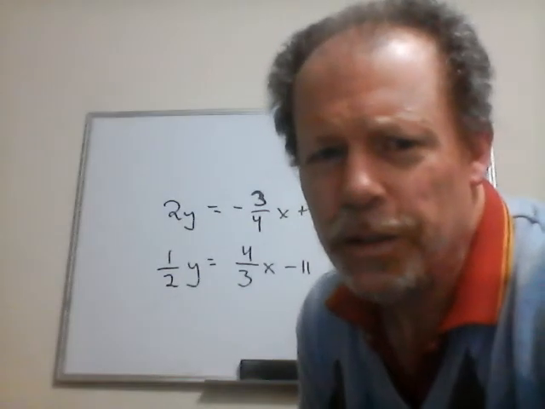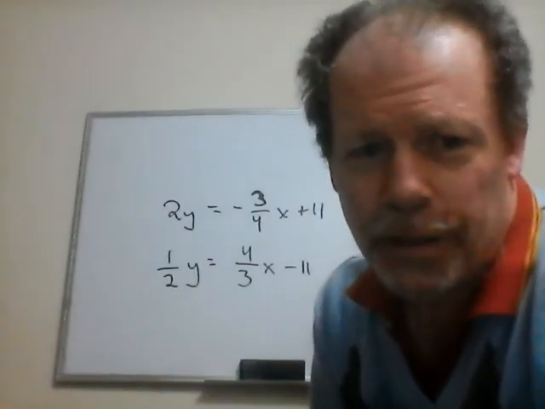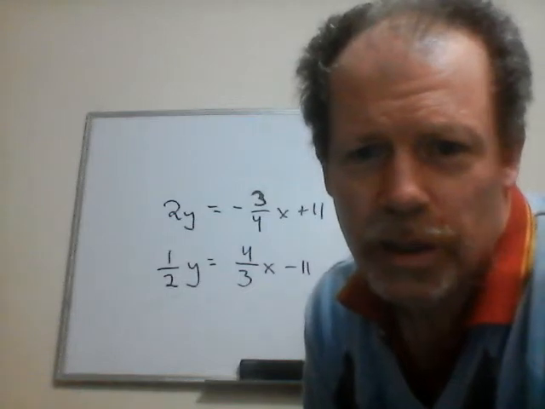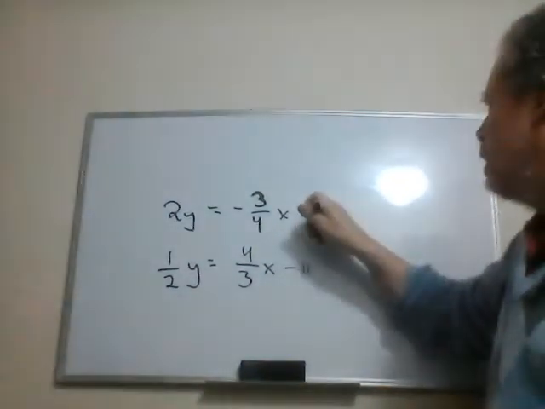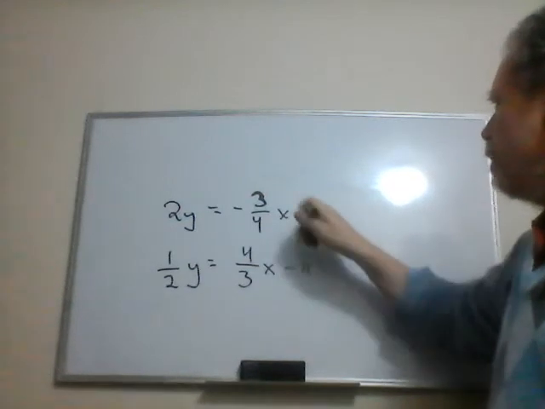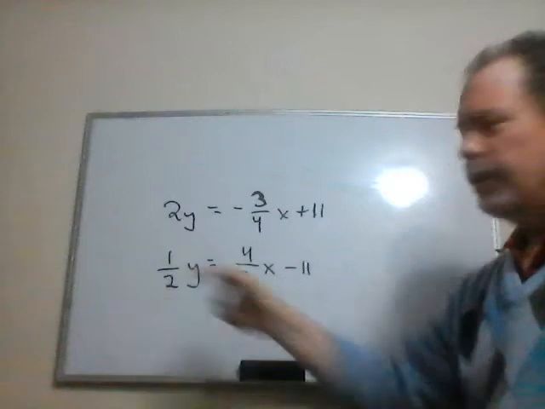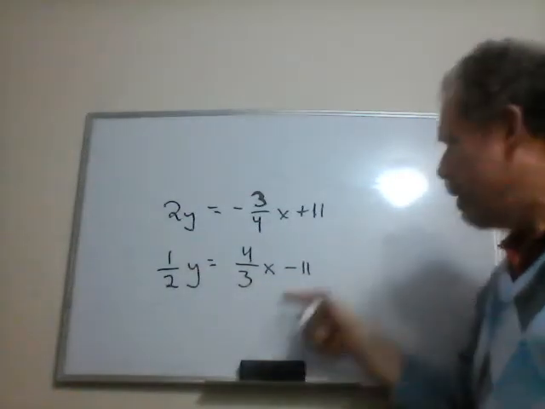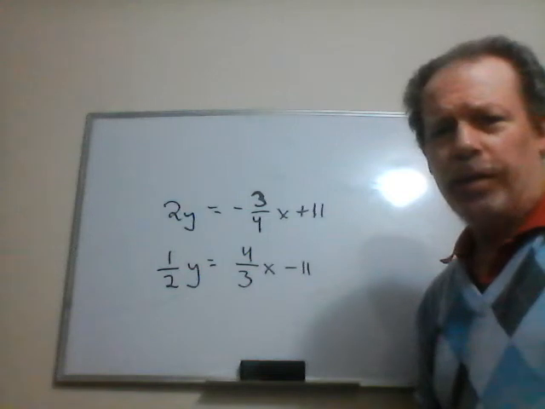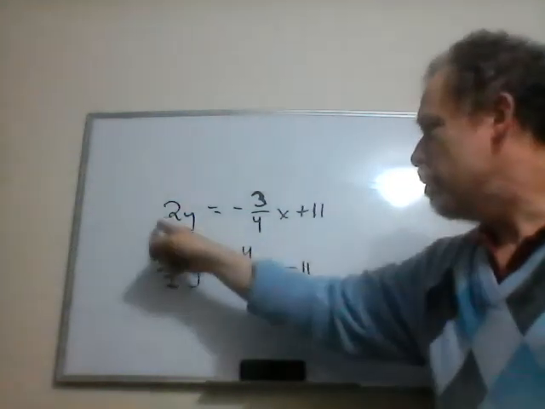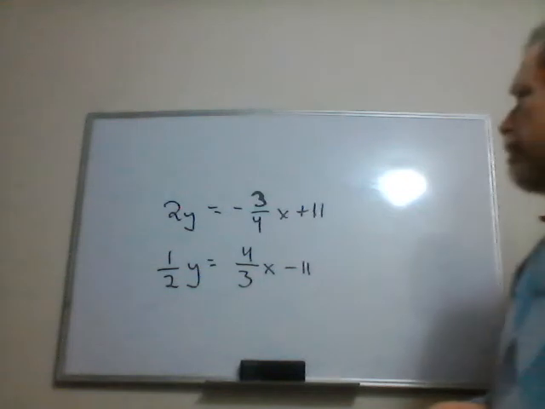So let's consider these one at a time, just with what's there, before we start doing anything else. Two distinct intersecting lines with the same y-intercept. Plus 11 and minus 11, okay, they don't look like the same intercept point. Now, if one of these equations had been distorted in some way that produced a negative or a positive that would otherwise be, then the 11 could match the 11, but this 2 and this 1/2 mess it up also.